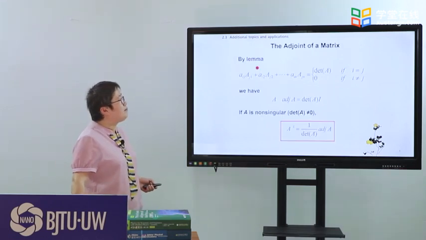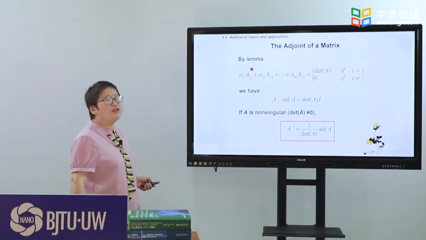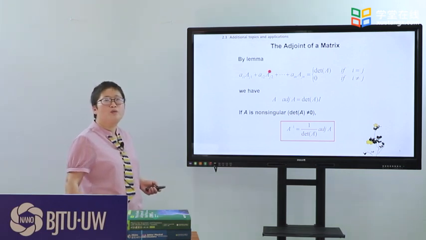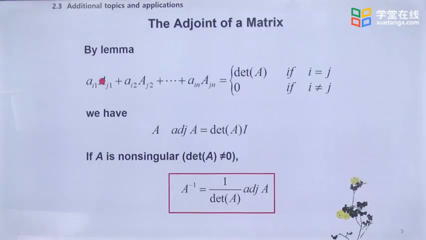By the fundamental lemma in this chapter, Lemma 2.2.1, we know that ai1 times Aj1 plus ai2 times Aj2 plus ... plus ain times Ajn equals the determinant of A if i equals j, or if i does not equal j, this is 0.